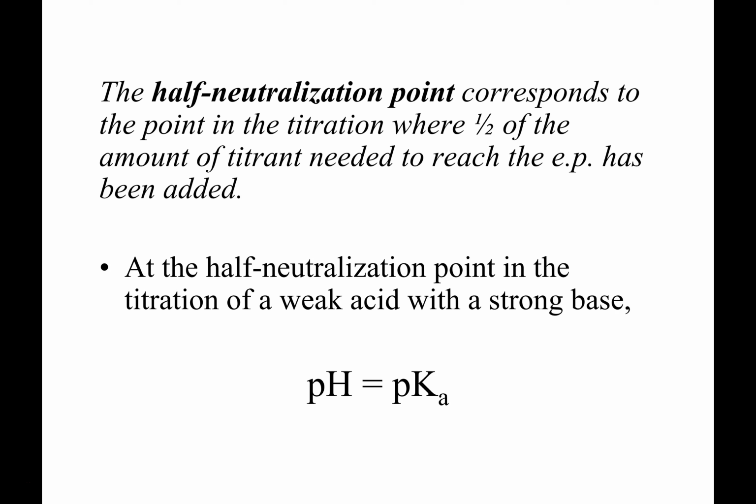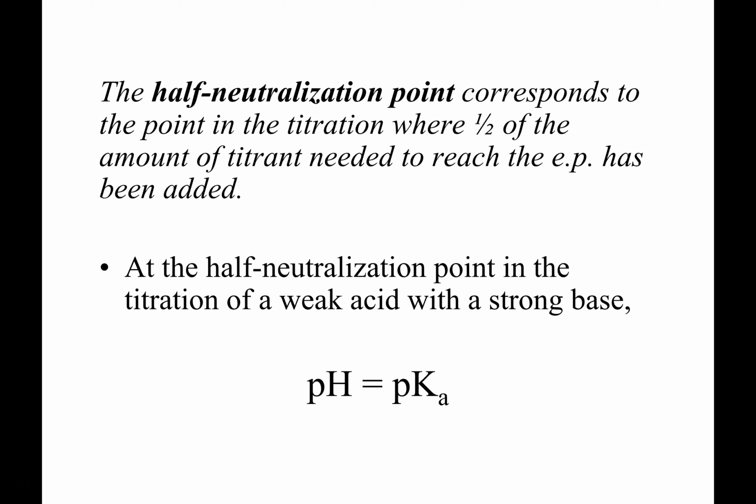This is volume of titrant, which in this case is NaOH, and this is pH. You have this slope, and then this was our equivalence point, and this was our equivalence volume. So at this point, halfway, the half neutralization point.